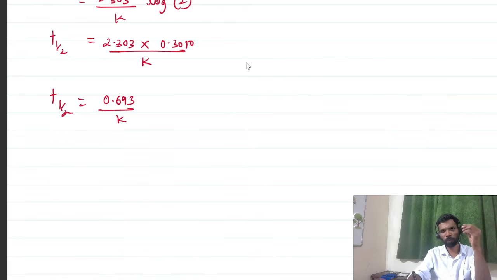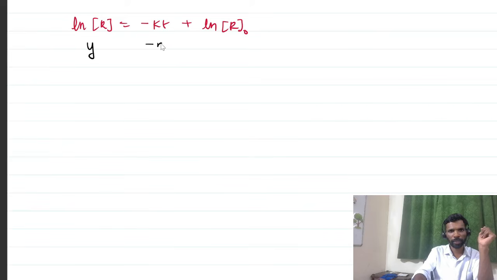Now, one more thing I would like to discuss on this equation: ln of R is equal to minus Kt plus ln of R0. If you relate this to the equation of a straight line, this is y, this is mx, and this is c. Here x is the time variable.